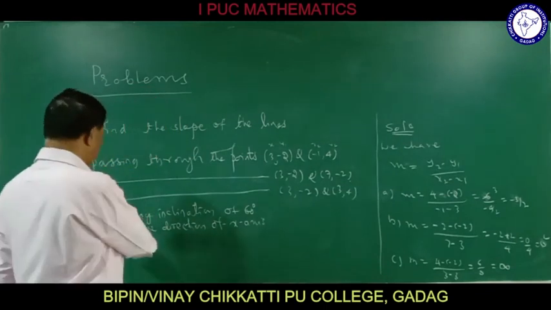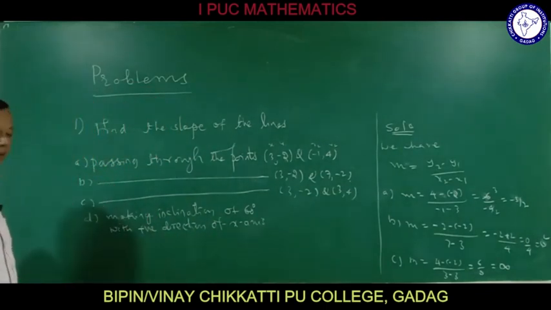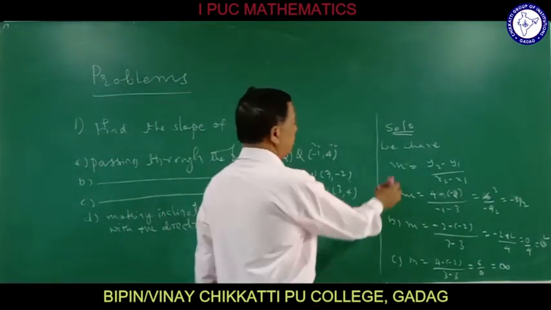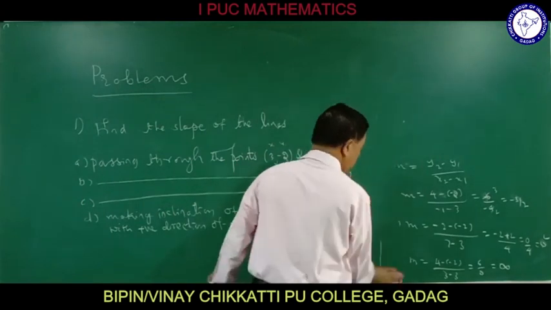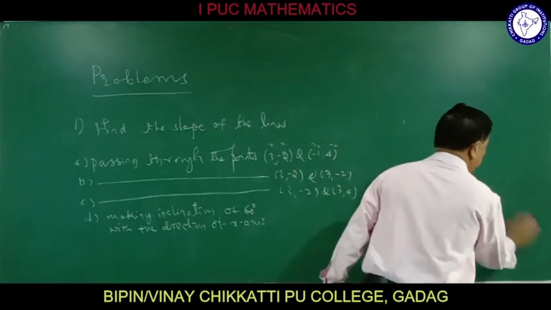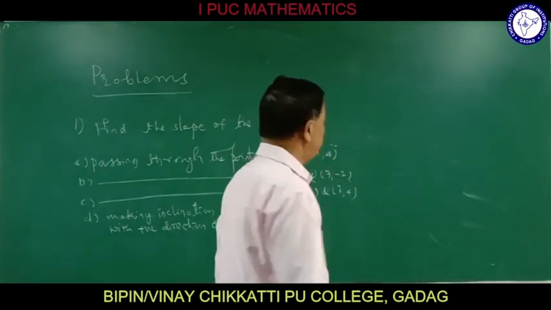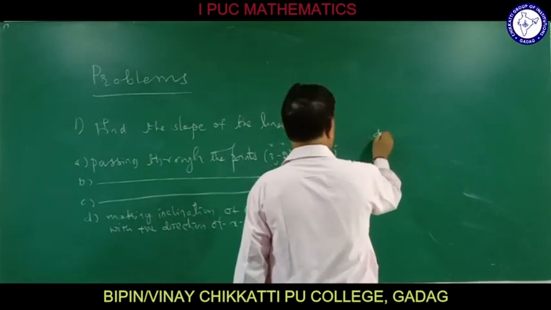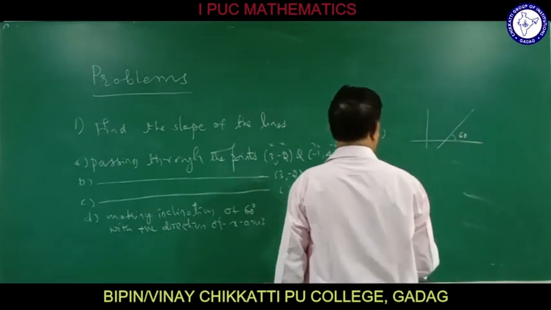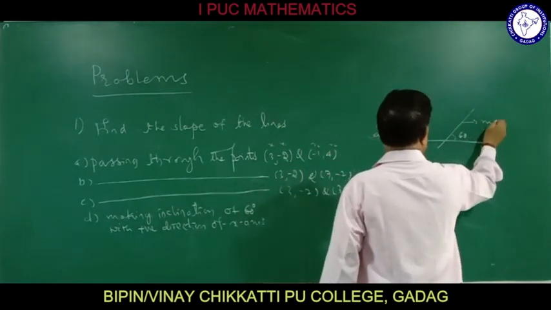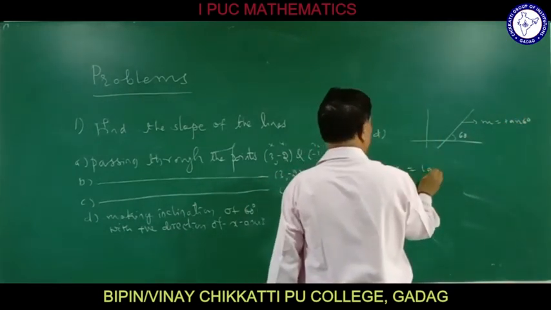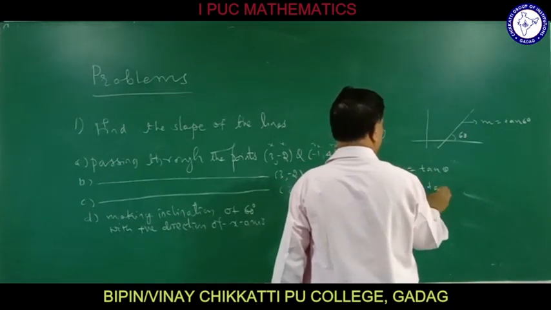And now the last one, regarding the inclination. The angle of inclination is 60, and that is the second formula to find the slope. When the angle of inclination is given, which is 60 degrees, the formula is m is equal to tan theta, that is tan 60.